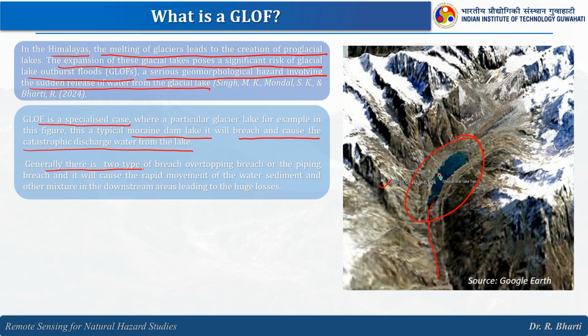Generally there are two types of breach: the overtopping breach or the piping breach, and it will cause rapid movement of water, sediment and other mixture in the downstream area, leading to huge losses. So, it will carry everything that comes in the way, right.